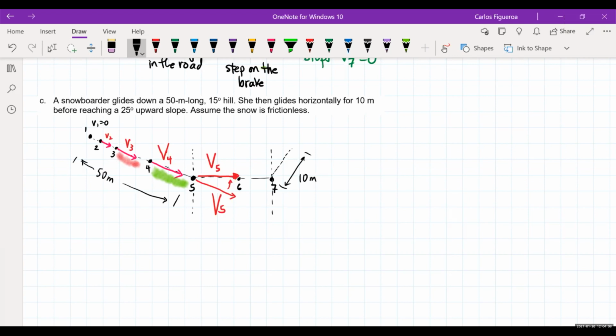It should be the same, right? It should be the same because it's moving horizontally on frictionless ice. So when I look at that speed, which I should have probably drawn in a different color to separate it out, that speed should be the exact same speed.